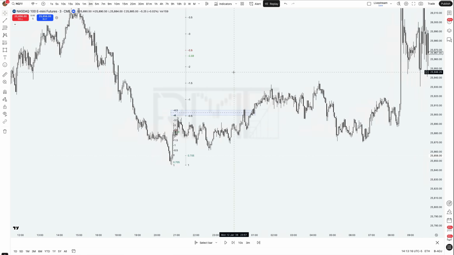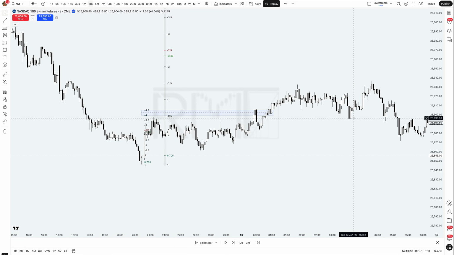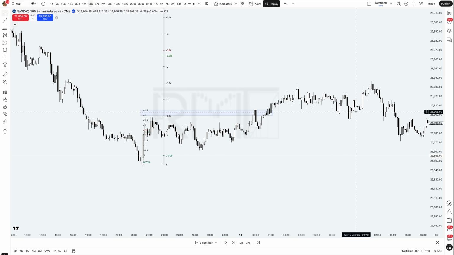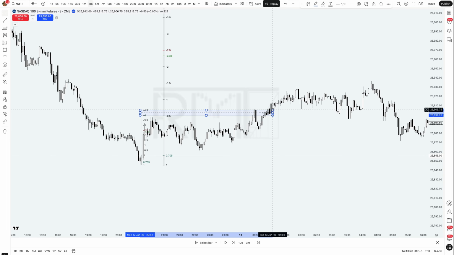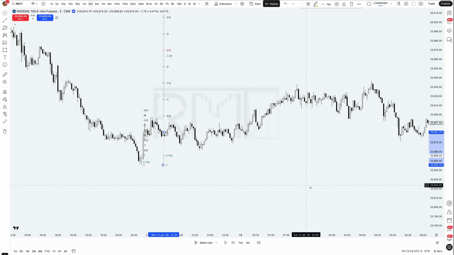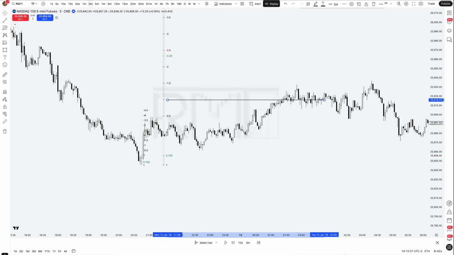Knowing this, I would start looking for a trade around 3:30 to 3:45 in London. So that could be this move here, because what I just said is if we close above 1, confirm a move to at least 2.33 and 2.5 deviation.